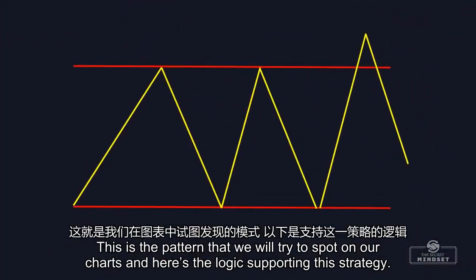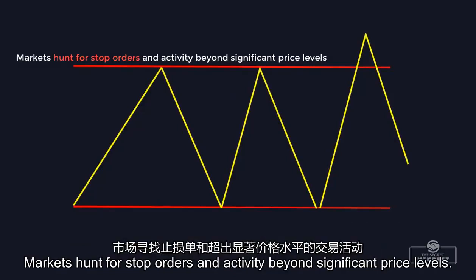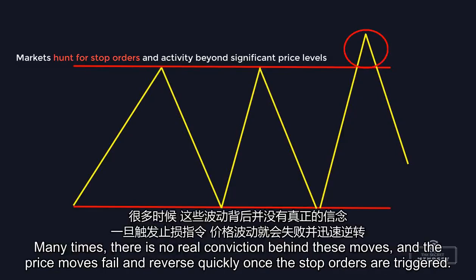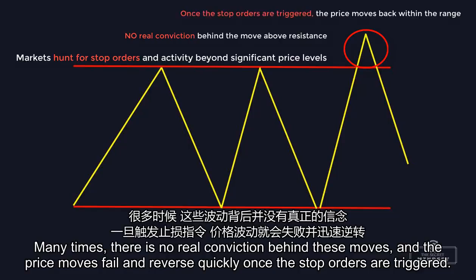This is the pattern that we will try to spot on our charts. And here's the logic supporting this strategy. Markets hunt for stop orders and activity beyond significant price levels. Many times there is no real conviction behind these moves, and the price moves fail and reverse quickly once the stop orders are triggered.